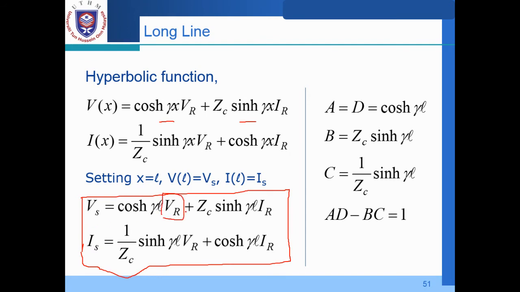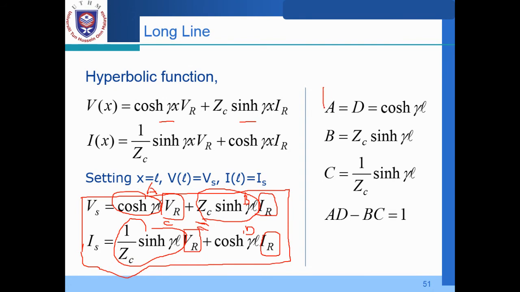We have it in terms of VR and IR, and this is the constant, and here hyperbolic cos gamma L. We have 1 over Zc, hyperbolic sine gamma L. I believe this is the parameter represented by A, by B, parameter C as well as D. A and D are always identical.